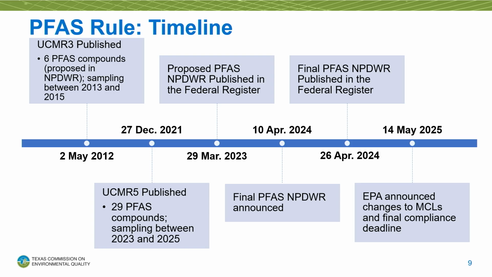And they also announced they're planning to extend the final compliance deadline, that would be the compliance deadline for MCL compliance. Previously, it was going to start in 2029, but they're looking to extend that to 2031. So with this announcement, those are the changes they're planning to make. From what we've heard, we should see some proposed language of that in the fall of this year, 2025.